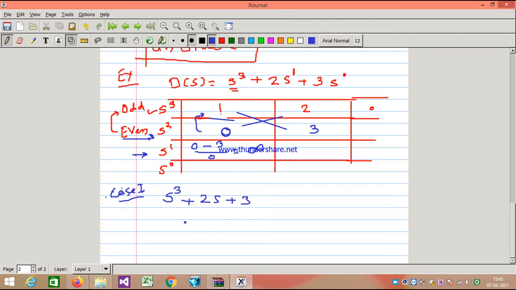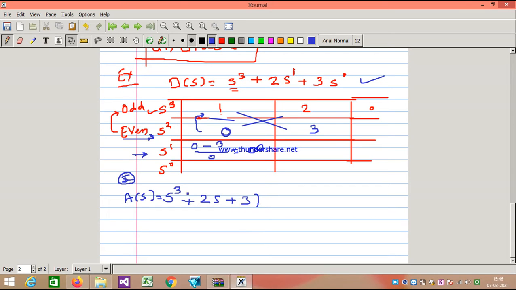So what is the equation? S cube plus 2s plus 3. This is our auxiliary equation, A of s, which is already given in the example, right?